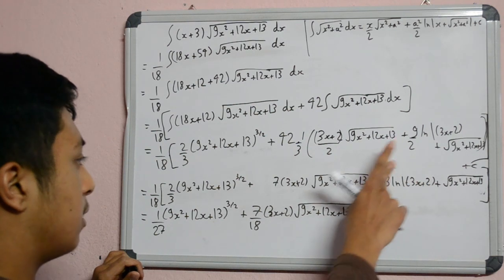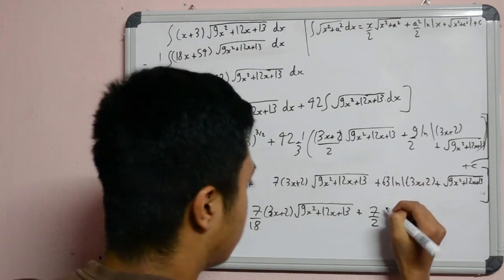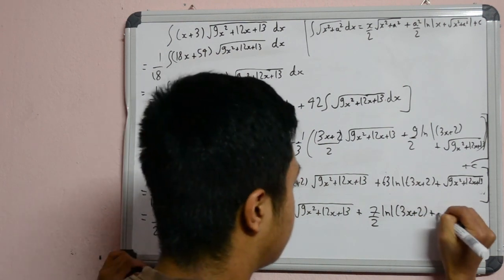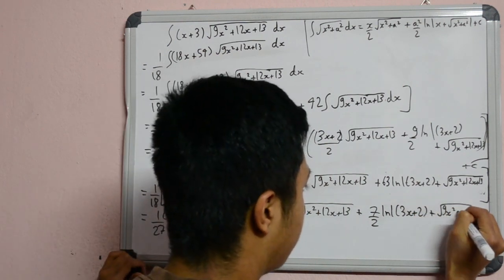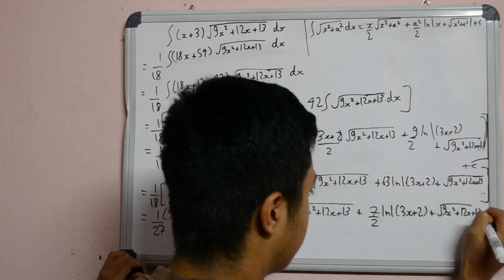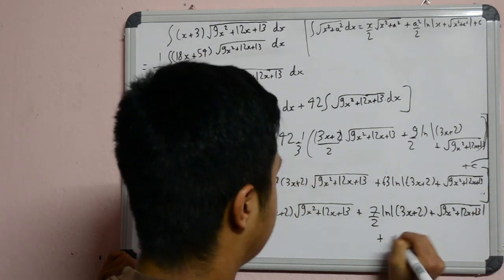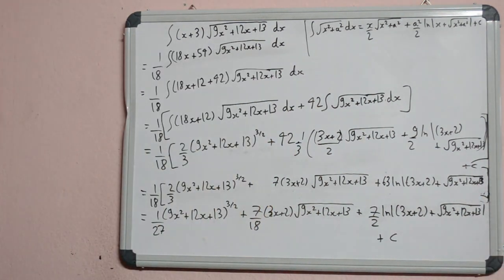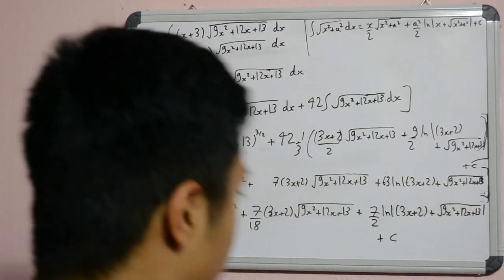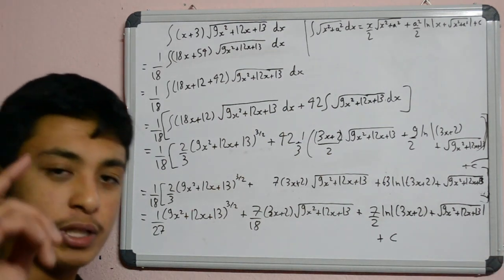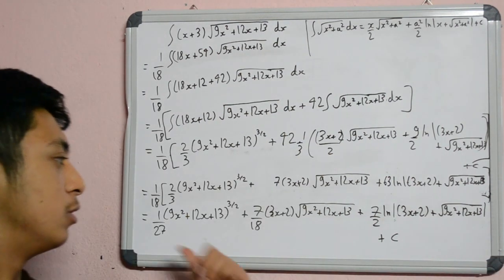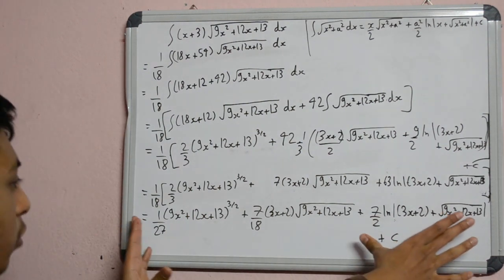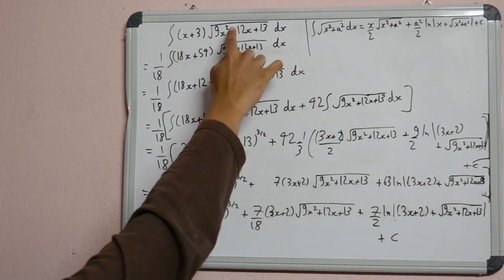Right? 7 by 2 log natural 3x plus 2 plus root 9x squared plus 12x plus 13 plus c, and I think that is our answer over here. Let me just quickly check. So this is correct. This whole thing is the answer of just this integral right here.